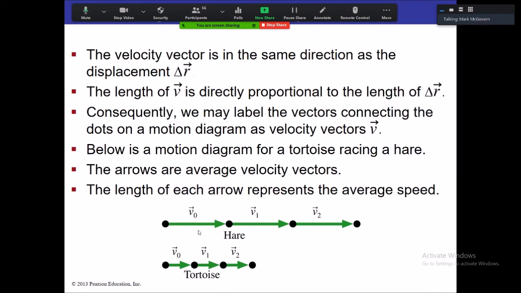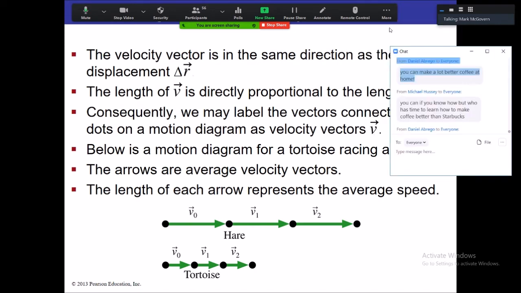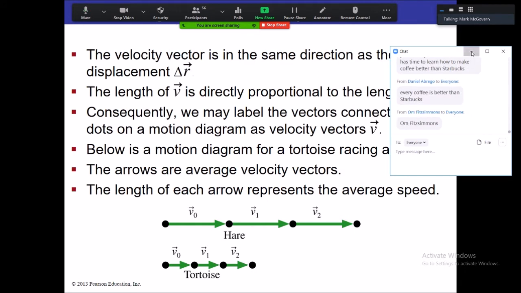So here's the hare. Here's the tortoise. The hare has a much higher speed, so the length of the velocity vector is longer to indicate the higher speed. And each point is separated by equal intervals of distance, so we know that the hare is going at a constant speed. The tortoise is the same deal, just a little slower.